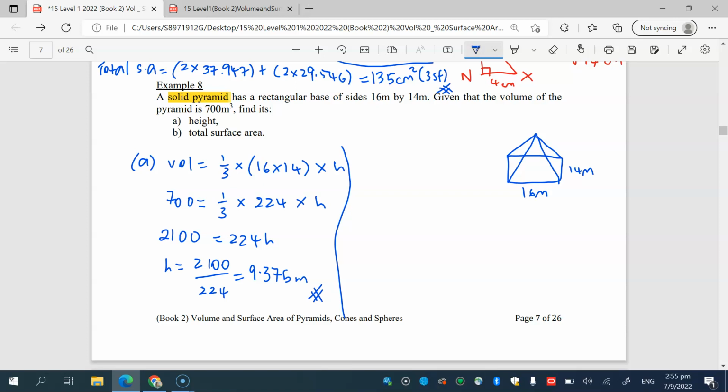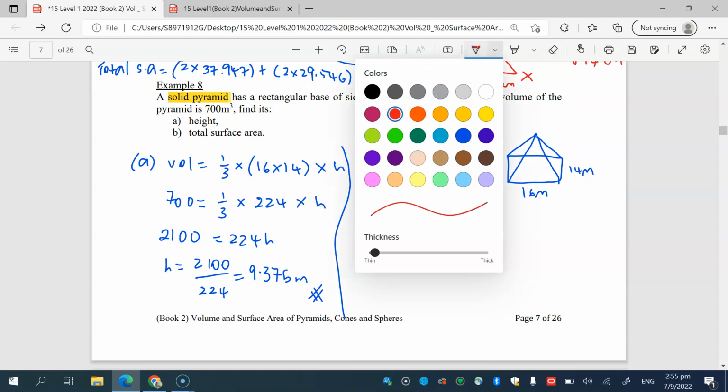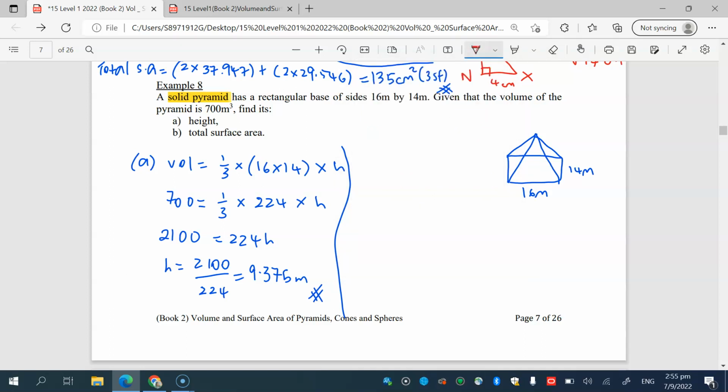Now, similar to what we did just now, we need to find this height over here. So you need to let this be x. Let's call this v, n again, and then x here. So Vn is your height, which is 9.375, right? This one you already know is 9.375. So how do I find Vx?